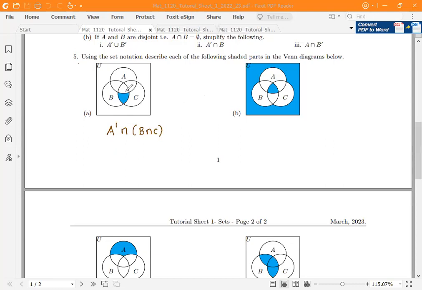If we are given A complement union, that set there, it would look like this.